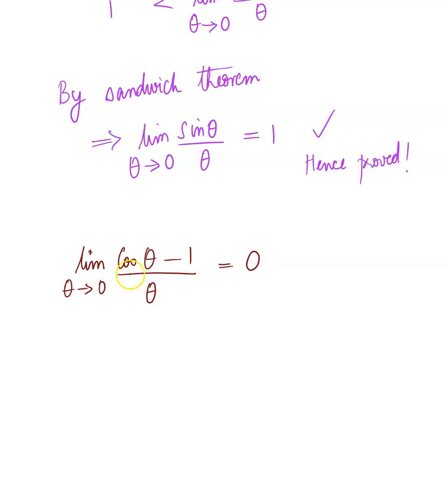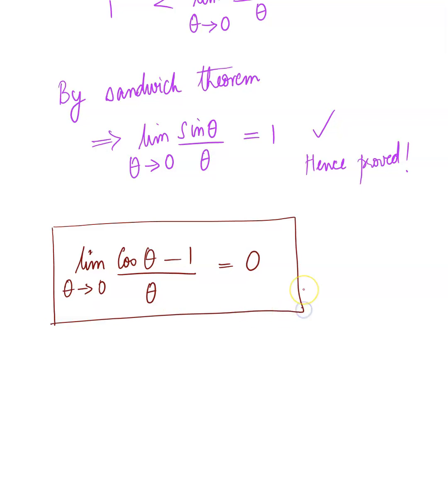Okay. Here again, if you plugged in 0 for theta, you'll get cosine 0 minus 1 over 0. Cosine 0 is 1, so 1 minus 1 will be 0 over 0. So again, using derivation like this, squeeze theorem concept, you will have another theorem.